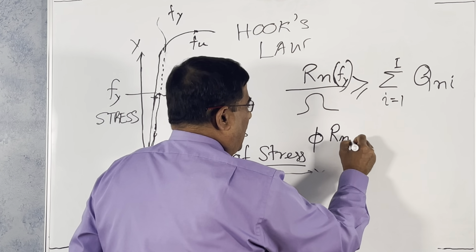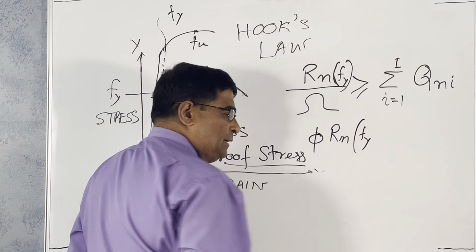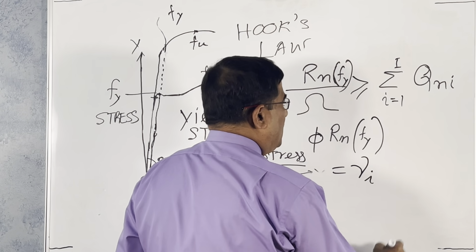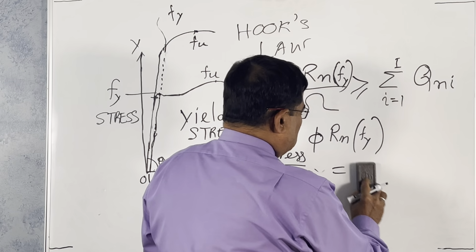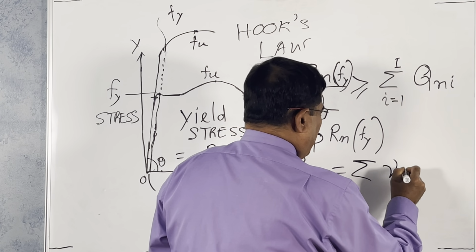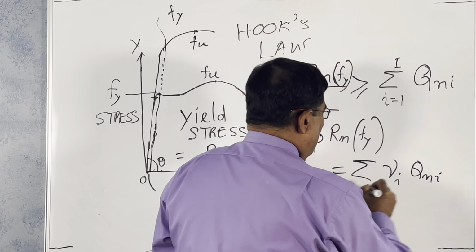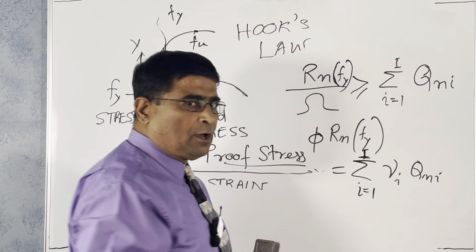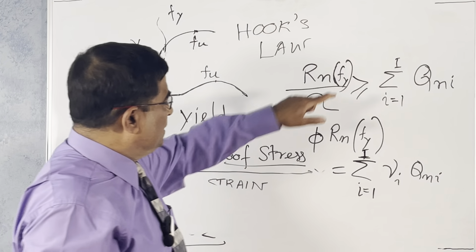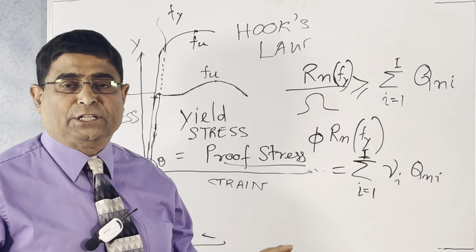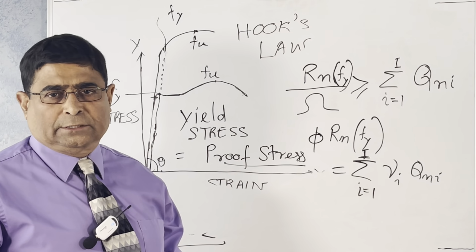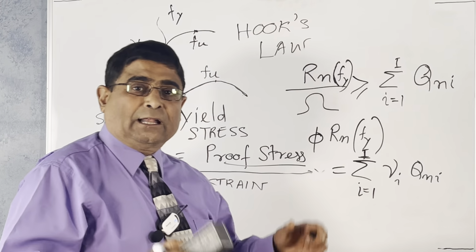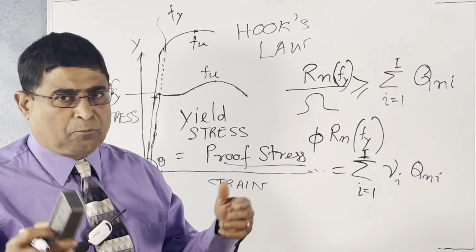Phi Rn, a function of yield stress Fy, is greater than or equal to the summation of gamma_i Q_i, i equals 1 to I. I is the total number of load combinations, sometimes 3, sometimes 4, say live load, dead load, snow load, wind load, all these different load conditions. About 4 or 5 like that.